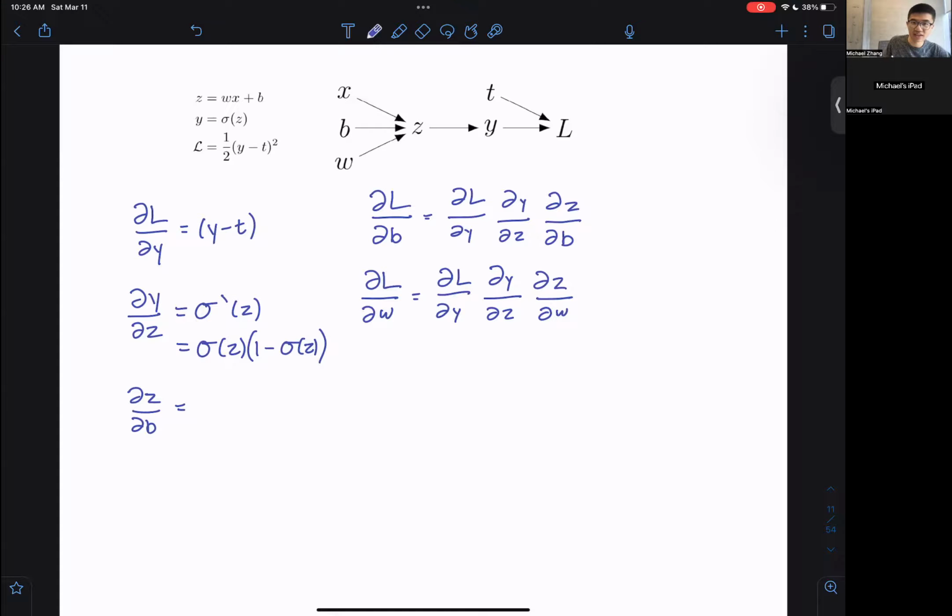In this case, z equals wx plus b. So what that means is if you move b by a little bit, z is going to move by the same amount. So this is just 1. We can similarly compute partial z, partial w, which equals x in this case. So the derivative of z with respect to w is x, or sort of the magnitude of our input.